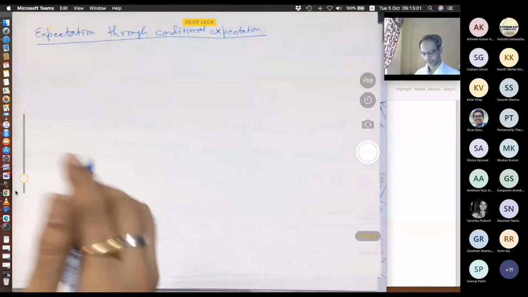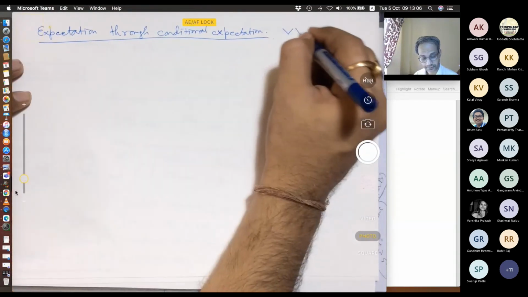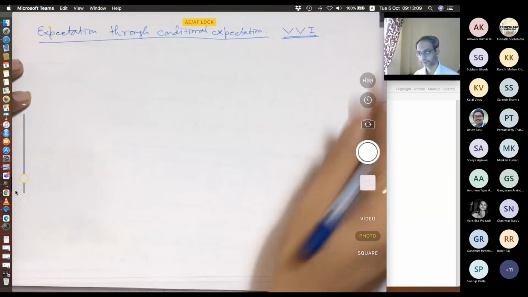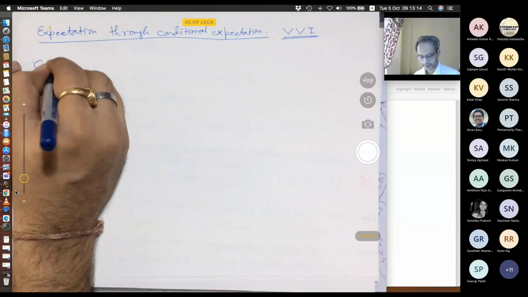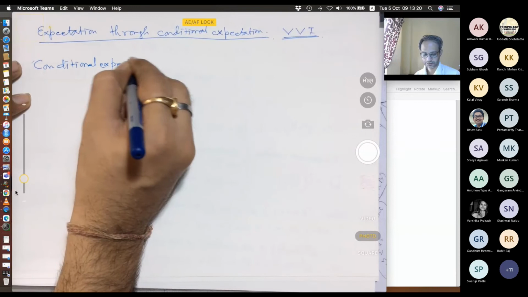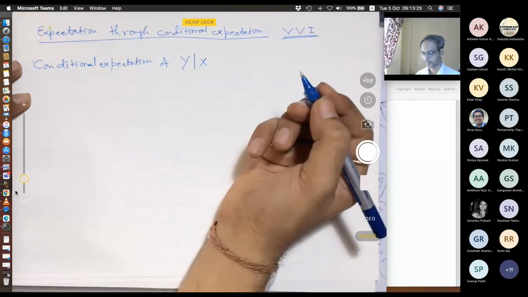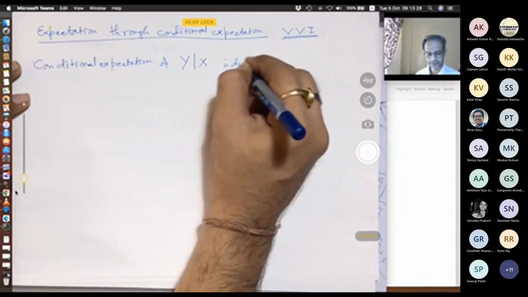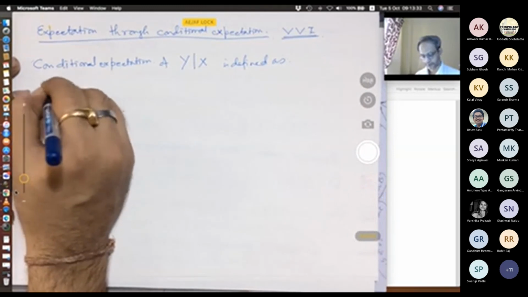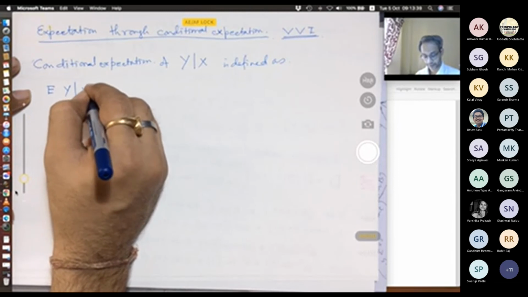So the conditional expectation of y given x, this is very, very important, is defined as the expectation of, assume everything exists, y given x equals small x.